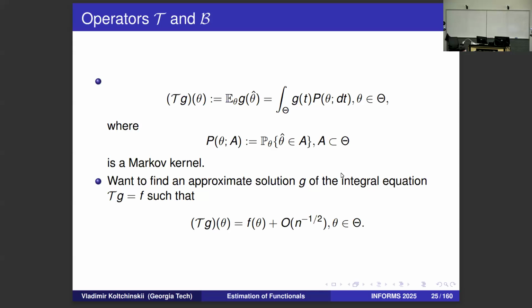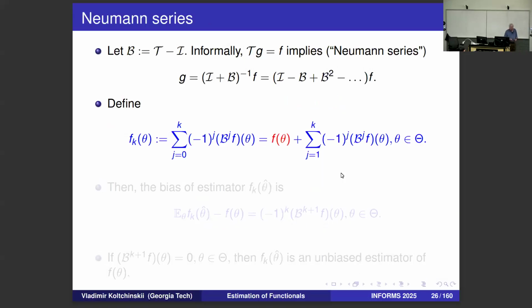Now what we want to do is find an approximate solution of this integral equation. What is a very old 19th century method of approximate solution of integral equations? This is a method based on what is called Neumann series. So essentially you are defining this operator B, which is T minus identity, right? And if B is small, then T, which is I plus B, we can invert it, right? And the inverse will be written as this geometric series, right?